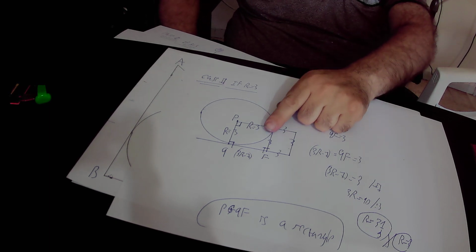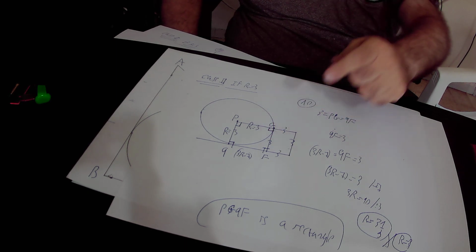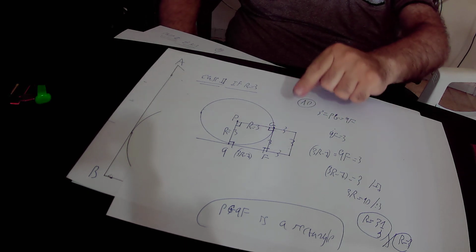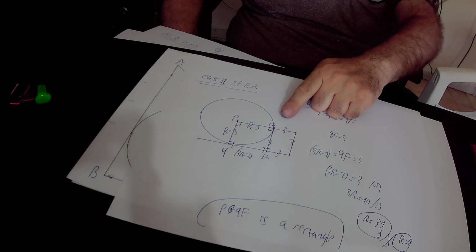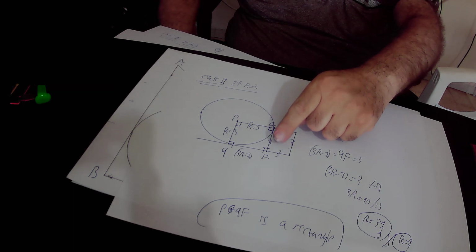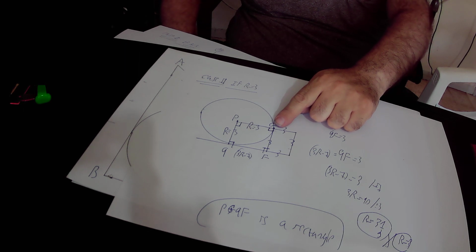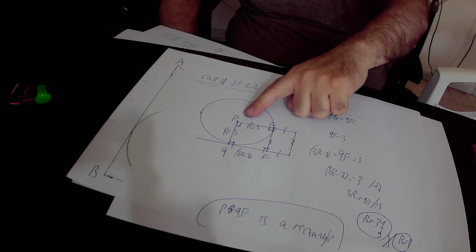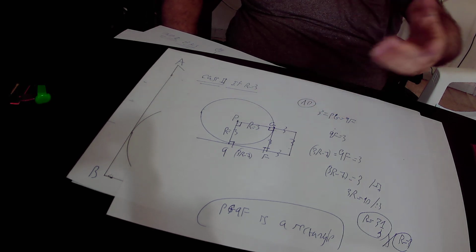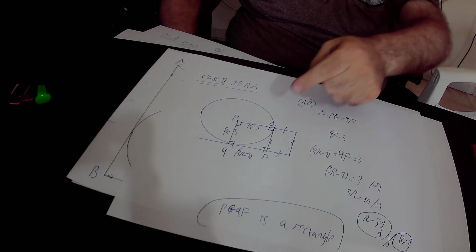And we know that QF equals 3R minus 7. Inside quadrangle PGQF, we have 1, 2, 3 right angles. This angle equals 90 degrees according to rule number 1. So if we have 3 right angles, the fourth angle must also equal 90 degrees. So quadrangle PGQF is a rectangle.